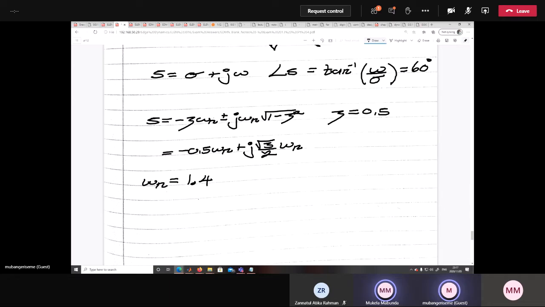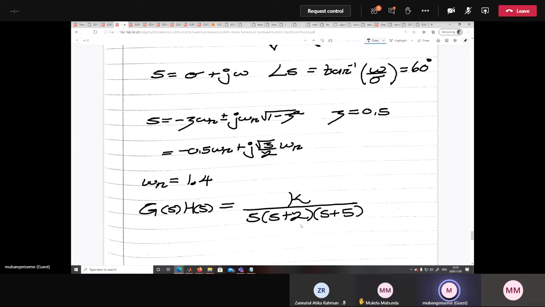Okay, let me just multiply out. So here's their combination. They're saying G(s)H(s) is equal to K over s, s plus 2, s plus 5.